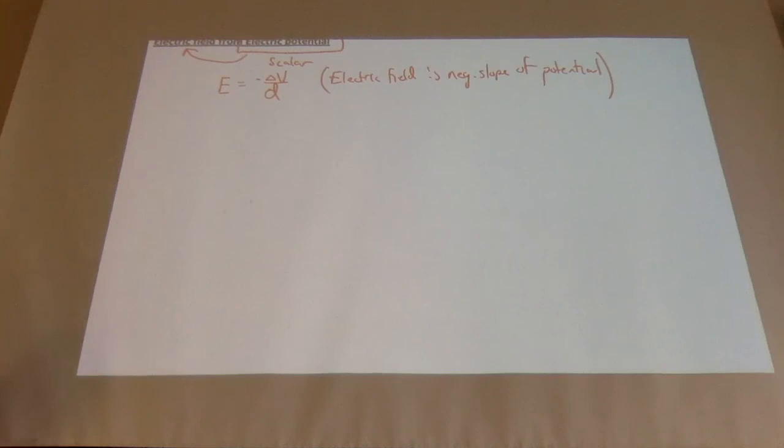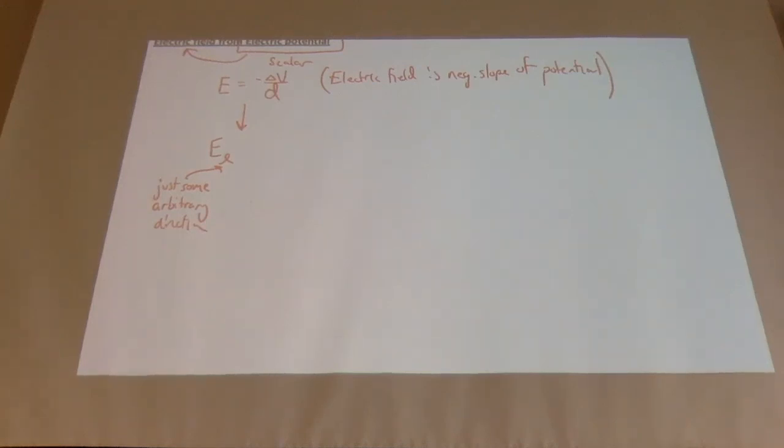Well, I can re-express this equation just a little bit and write it as E sub L, where L is just some arbitrary direction. In other words, it's one of the components of the electric field. It's just instead of saying X, Y, or Z, I'm just saying that. Or maybe it's this way. I don't know. I'm not picking one of the directions. So I'm speaking really generally here.